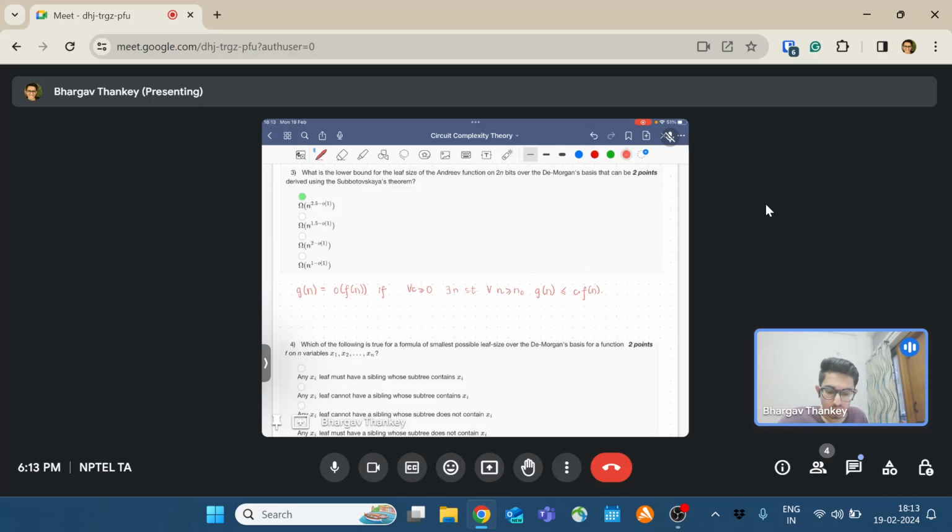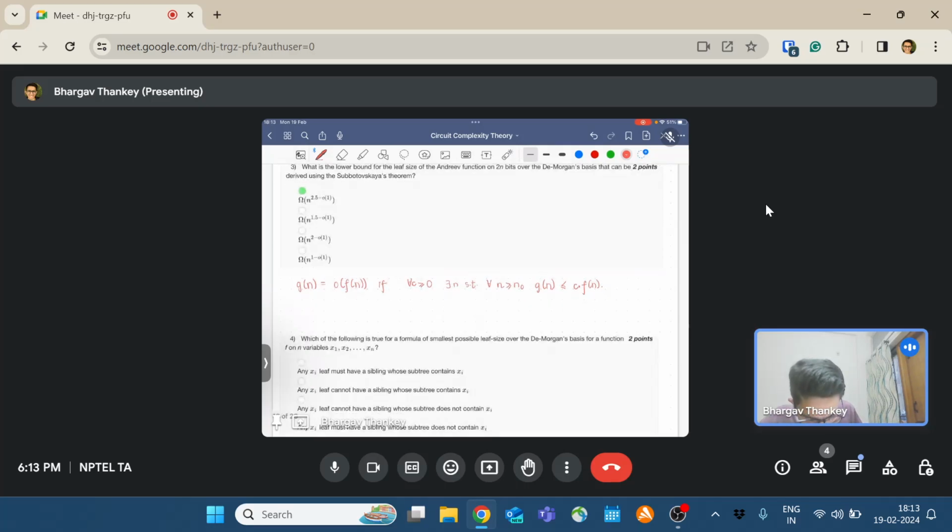So 2.5 minus small o of 1 means the following. Fix any small epsilon you want. Your function would be smaller than n to the 2.5 minus epsilon for all epsilon greater than 0. But this epsilon has to be a constant.